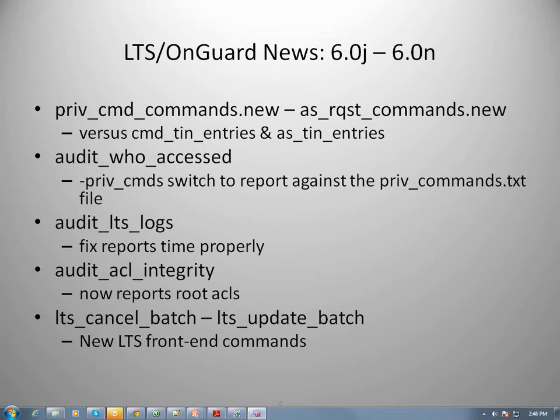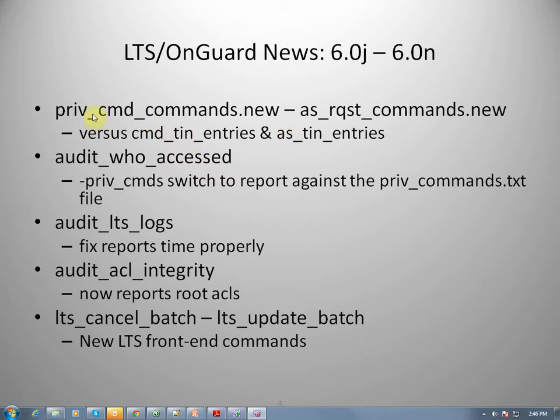So every release that adds a feature may in fact require a change or an update to the system table, the LTS system table of available commands. We used to call the new versions command 10 entries and AS 10 entries.